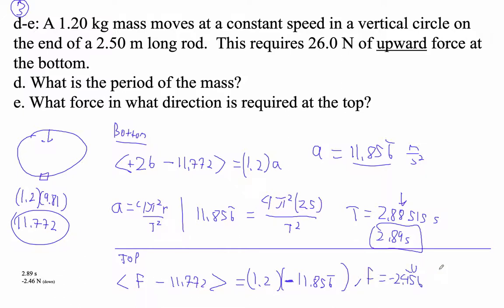We have to round, so we'd say 2.46 newtons, and because it's negative, we'd say down. Don't forget to say the direction. Alrighty. Not much down, doesn't need a whole lot down.